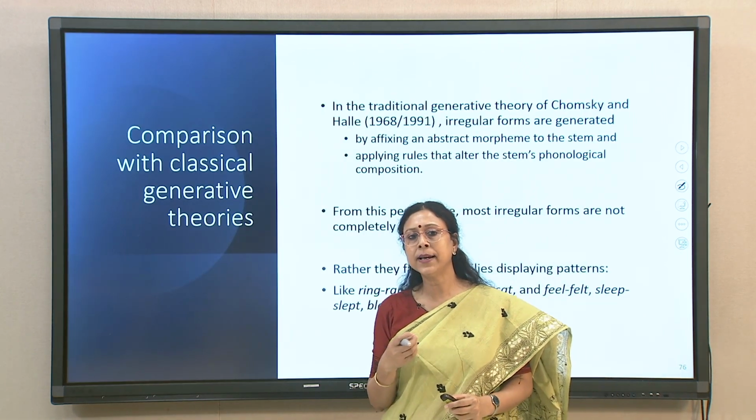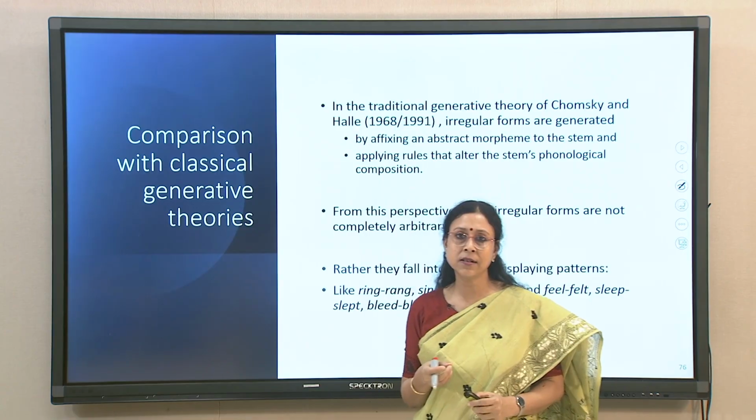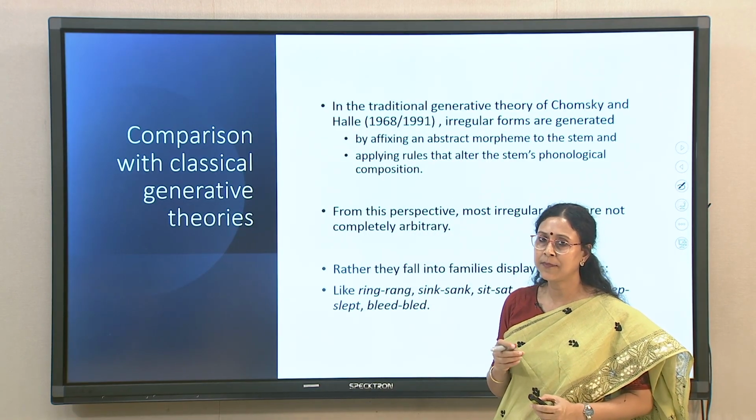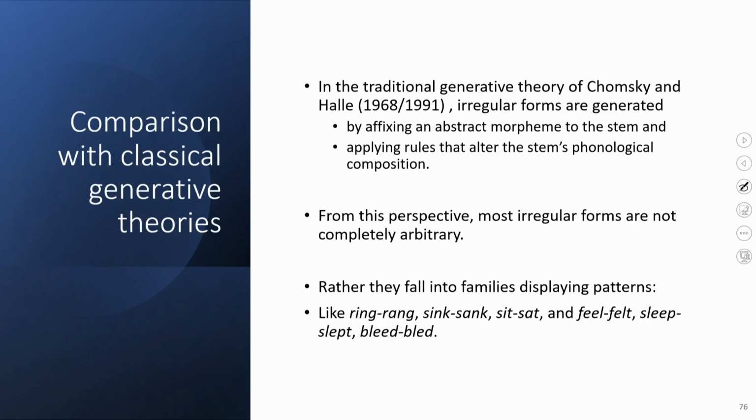Now, if we compare this theory with the classical generative theories, there are some differences. In the traditional generative theory of Chomsky and Halle, the irregular forms are generated by affixing an abstract morpheme to the stem and applying rules that alter the stem's phonological composition. From this perspective, most irregular forms are not completely arbitrary. There is some sort of rule applying there as well.